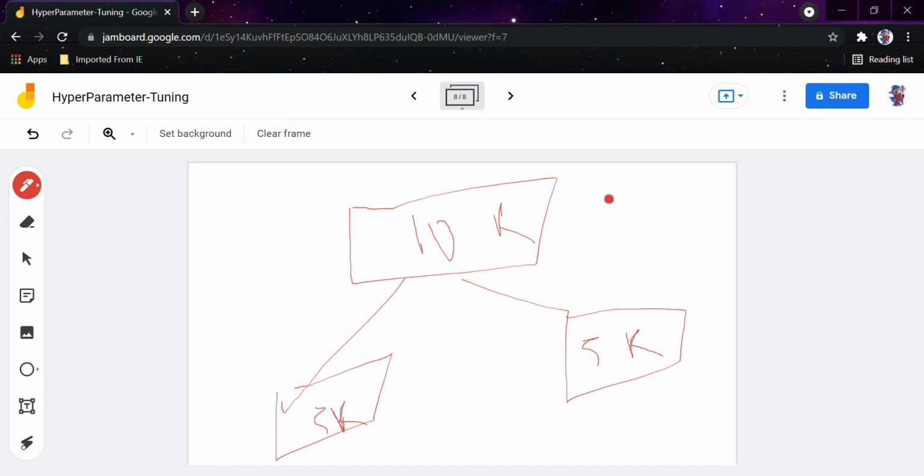Now suppose this is an image classification data set. This was an image of a dog, and this was another image of a dog from another angle. Suppose both of these images are given to the training set only. The model has seen both images, but you cannot see how it is performing on them. The same applies to the testing part: you have given images to the testing part, but you haven't trained the model on them.